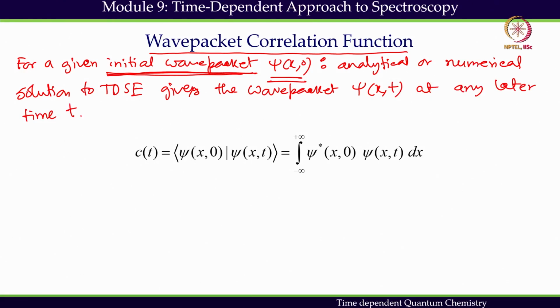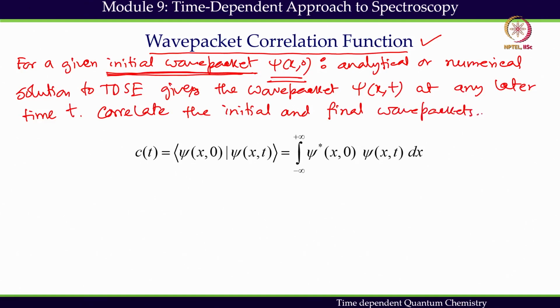Now our task for this present module is to correlate the initial and final wave packets. So what we need to do is that we have to do the correlation, how they are correlating. That is exactly what we are going to find out, and that is given by this correlation function.